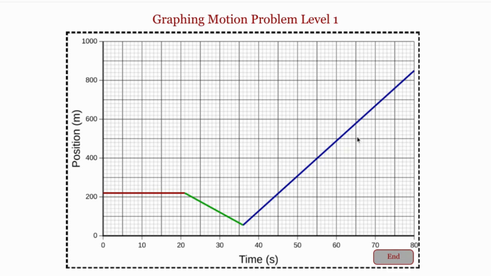Because this is 500 right here, 520, 540, 560, 580. And then the other one that was good was this 400, and that's at 55 seconds. So I've got 580 minus 400 divided by 65 minus 55. So when I do that, I get 18.